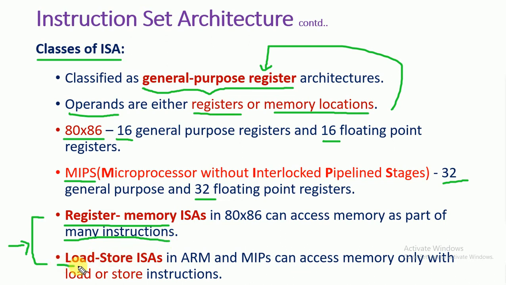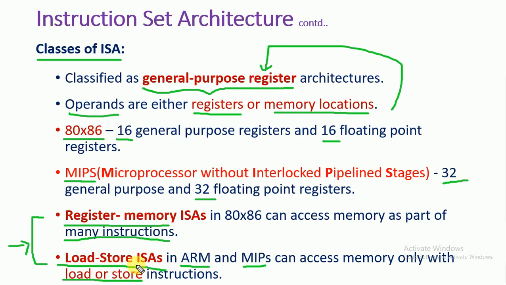But the second category is called load store ISA, where memory access is possible only by using load and store instructions. Processors like ARM and Mips follow load store ISA.